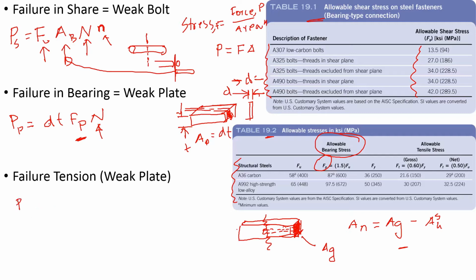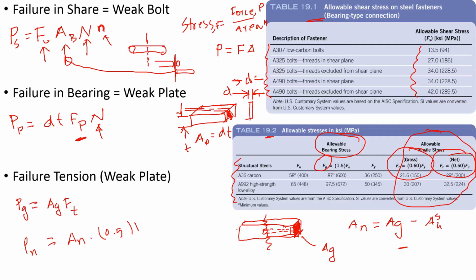So Pg, the gross load that can be carried by the connection, is equal to the gross area times the stress. Now the allowable stress comes from this table 19.2 given here. If you use the gross area, then you use this. If you use the net area, then you use this. So it's very simple. If we use the net area, then the allowable load would be the net area times 0.5 of Fu.